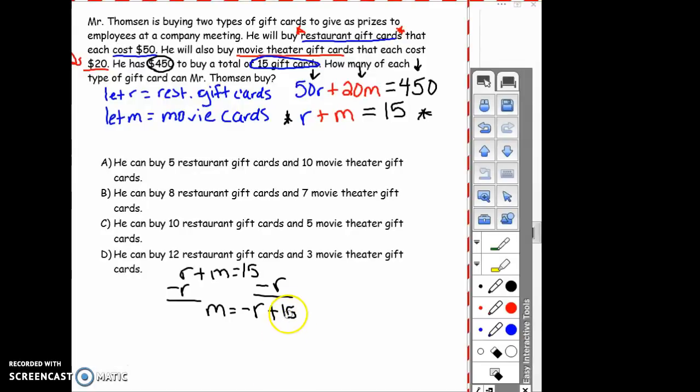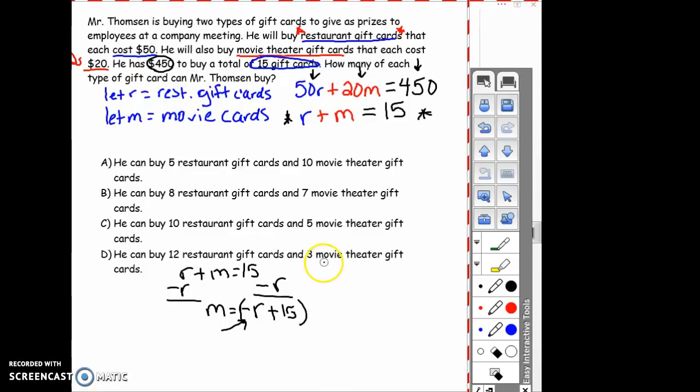That looks like it's in y equals mx plus b form. If it's in y equals mx plus b form, then I must already know the value of m, and it is this expression here, negative r plus 15. So let's go ahead to our original problem and substitute that value in for m.